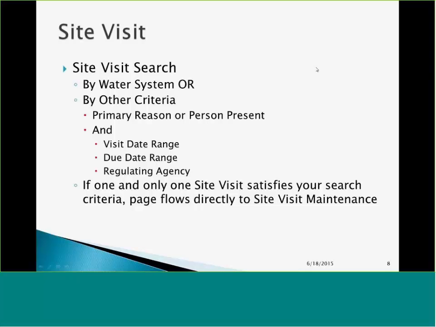There's various ways to search for a sanitary survey. You can search by the water system. You can also search by other criteria, such as primary reason, person present, the date range, the due date, the regulating agency.